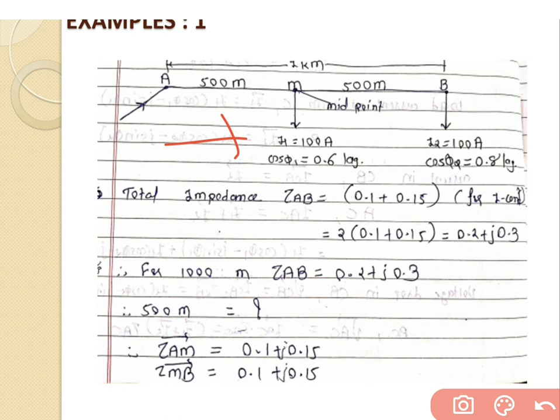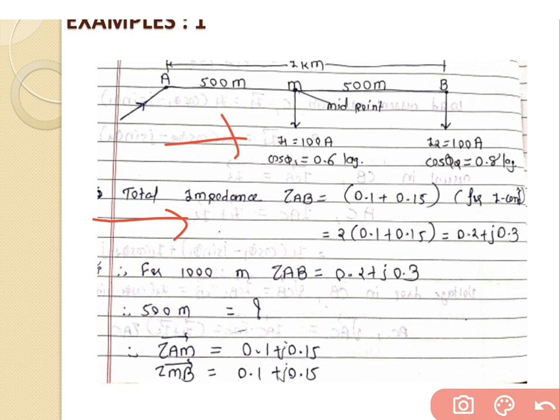Firstly, try to find the value of total impedance. The total impedance ZAB is the summation of resistance plus reactance, and that is given for one conductor only.